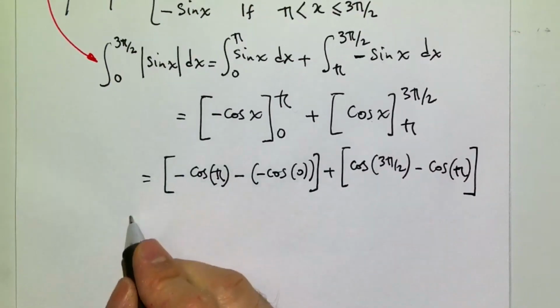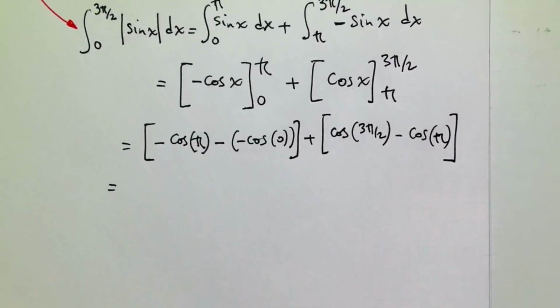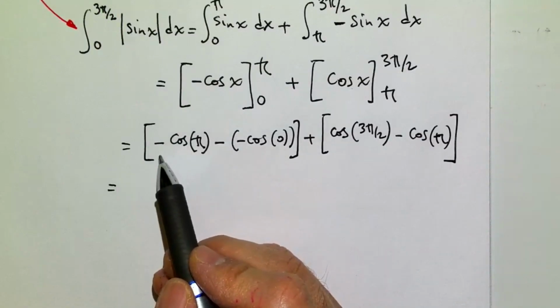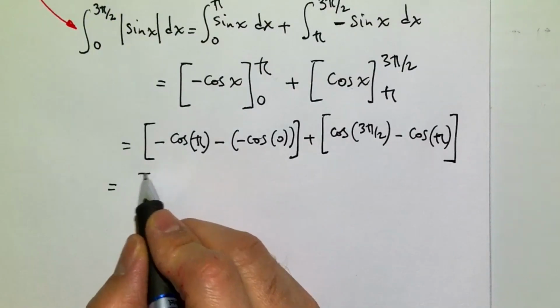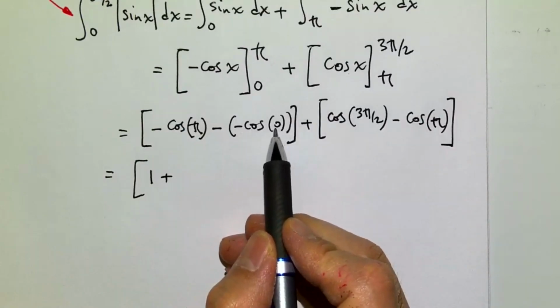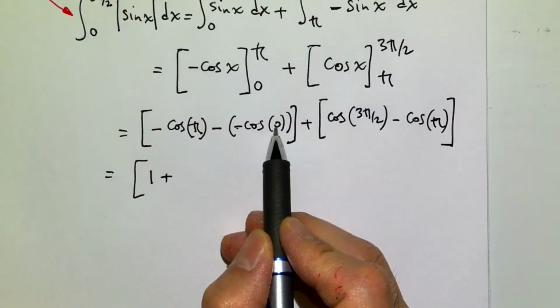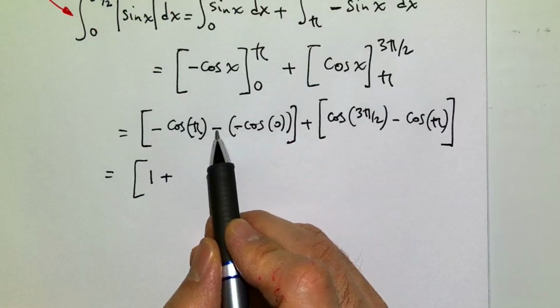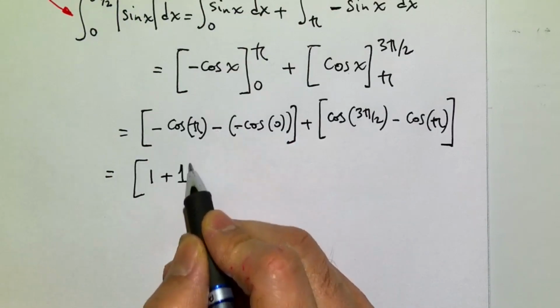Like that. Okay. So cosine of pi is minus 1. Minus 1 times minus is positive 1. Plus cosine of 0 is 1. Minus 1 times 1 is minus 1 times minus, again, positive 1.